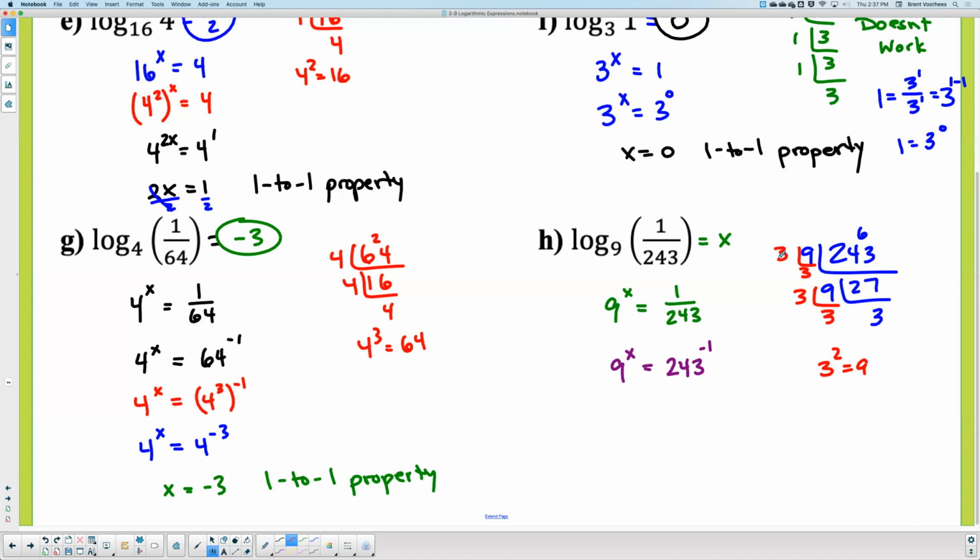But 243, how many 3's do you count? 5. So 3 to the 5th equals 243. So we're going to substitute both of these. So it's 3 squared to the power of x equals 3 to the 5th to the power negative 1.